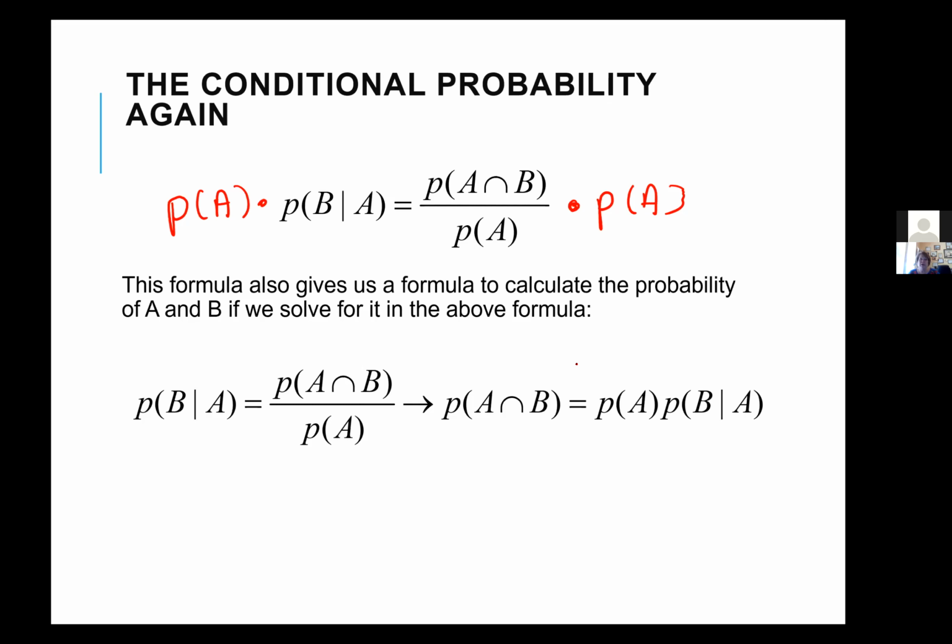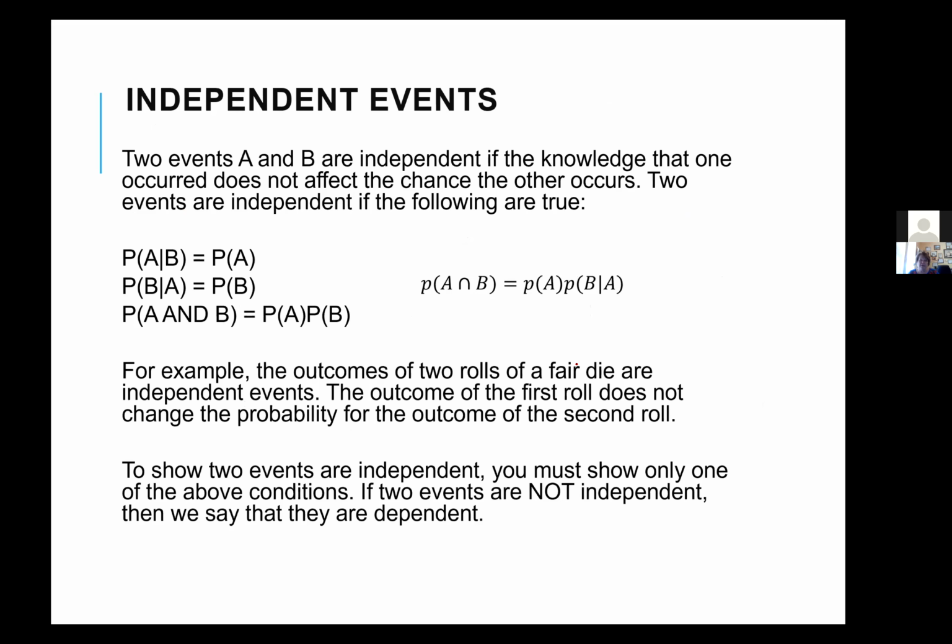Okay, so what's the definition of events that are independent? Sometimes you can just think about the events and you know that they're independent. But two events are independent if the knowledge that one occurs does not affect the chance that the other occurs. Two events are independent if any of the three are true.